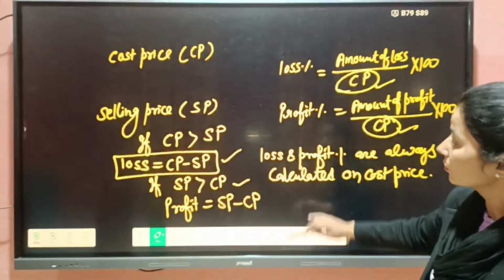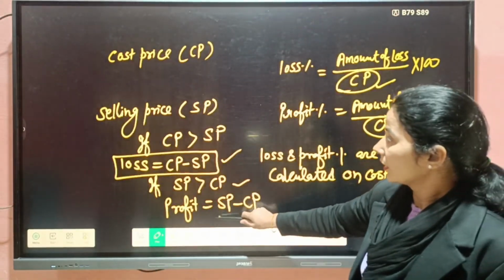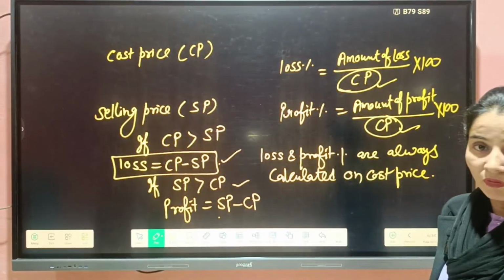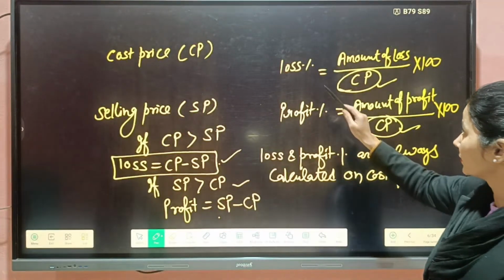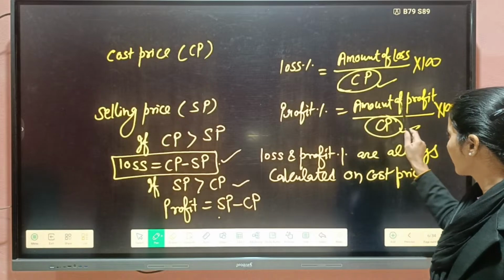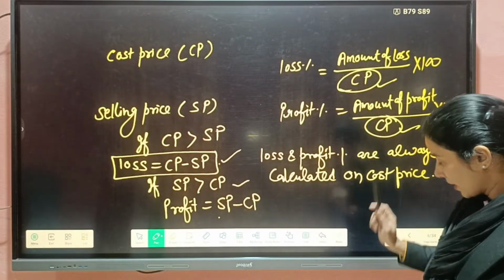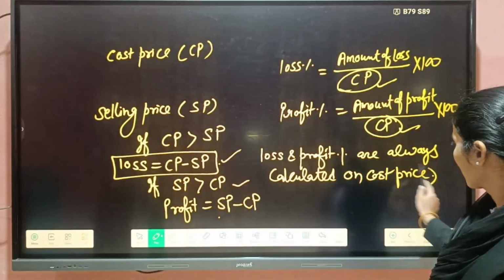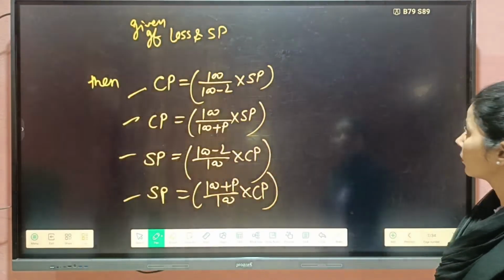We can find the amount of profit and amount of loss, and also loss and profit as percentages. Loss percentage will be amount of loss by CP into 100. Profit percentage will be amount of profit by CP into 100. And keep in mind, loss and profit are always calculated on cost price.